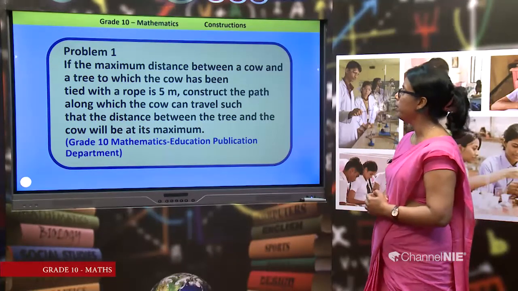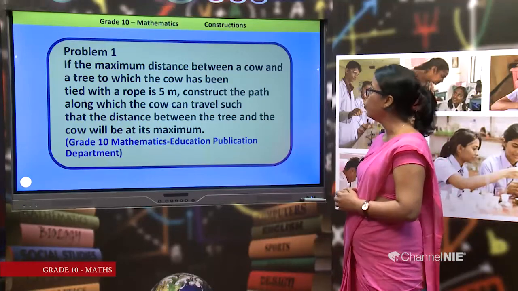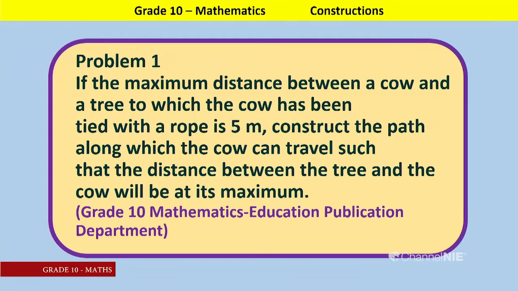If the maximum distance between a cow and a tree to which the cow has been tied with a rope is 5 meters, construct the path along which the cow can travel such that the distance between the tree and the cow will be at its maximum. So, read that carefully.